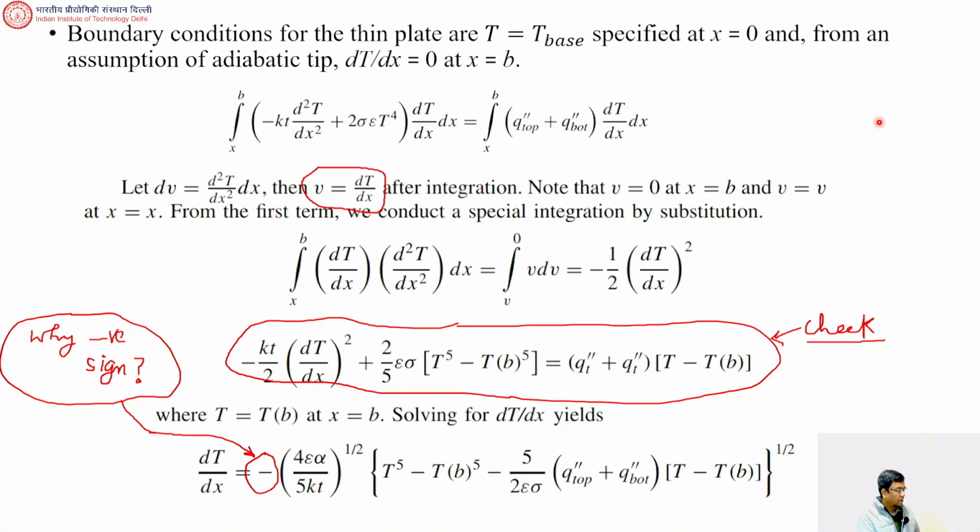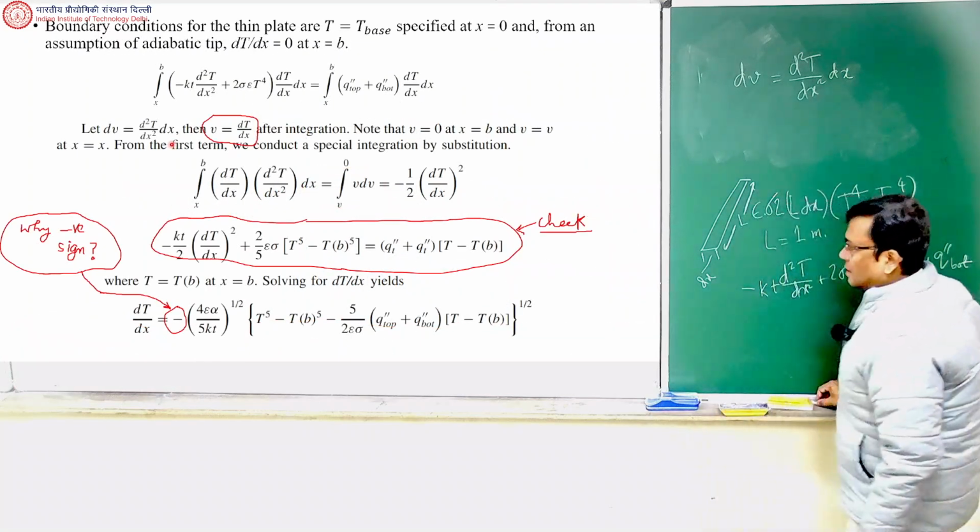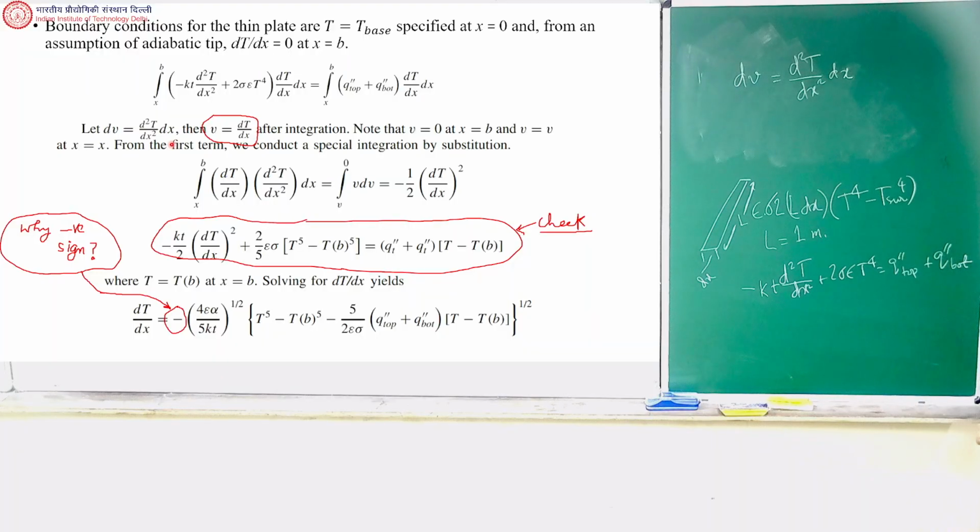Okay. And after that, we take dv equal to d2T/dx2 dx. Just a substitution which is going to be useful.